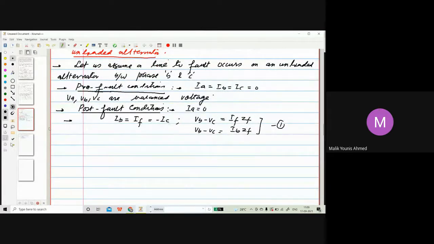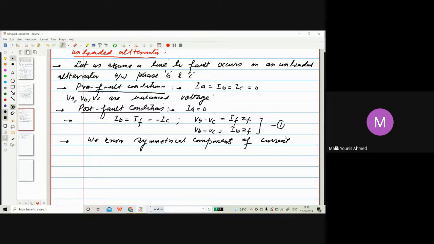Now we know what the symmetrical components are. Symmetrical components of the current we know.